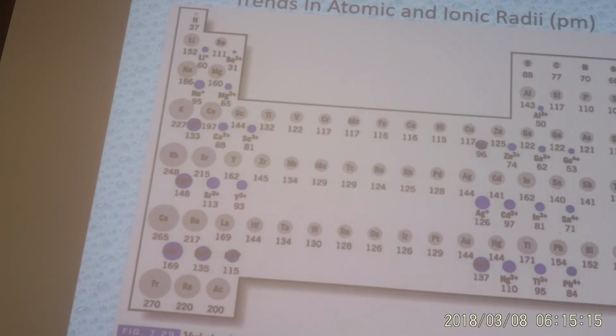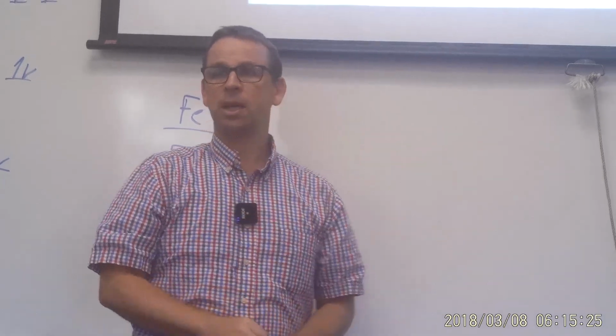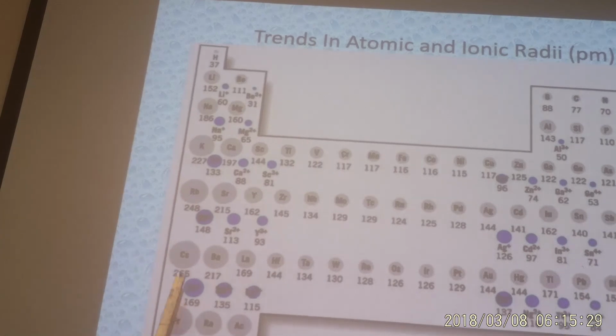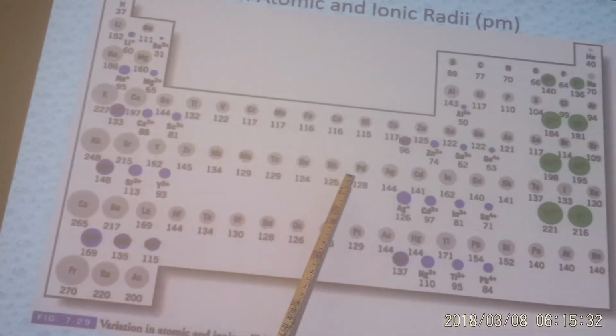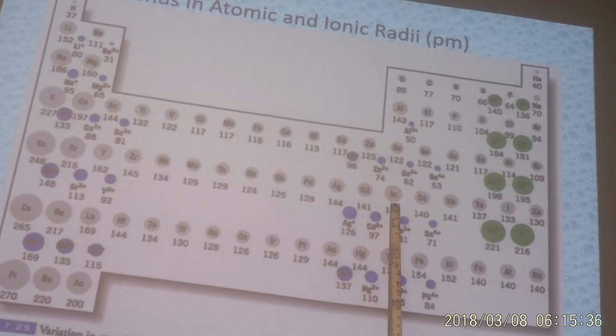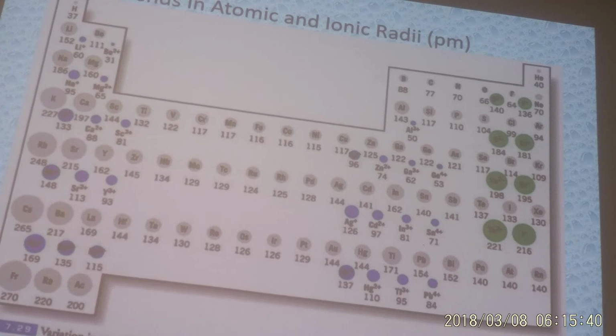And so you add one in, it's not getting into a larger subshell, it's in the same subshell, it's just filling it up, but there's more protons, and so the electrons get pulled in tighter and tighter. So size increases as you go top to bottom, but it decreases as you go left to right across the subshells. Once you enter this subshell, you get a slight increase here, but then you get a decrease as you go across. All right? Question? No?